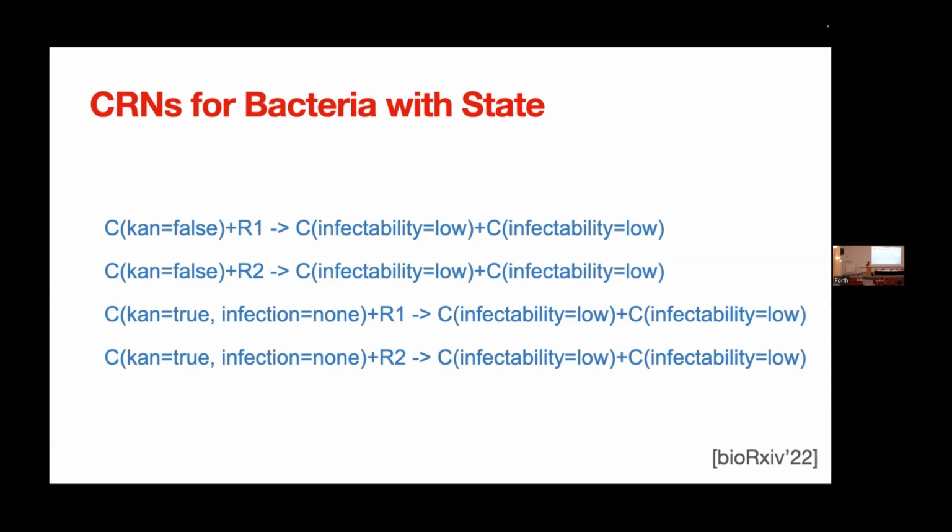So here we say C, if kan equals false, kan is like kanamycin, it's an antibiotic. And most of the time you are selecting bacteria based on antibiotic resistance. So you're selecting a subpopulation by killing off all the others, and the ones that are resistant, they live.